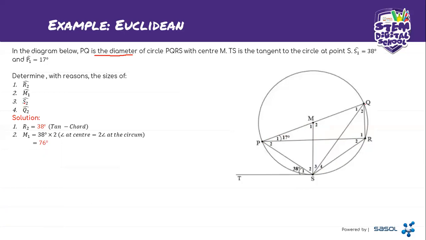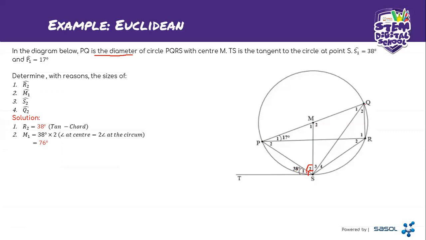And then number 3, we have angle S2. Let's go and look for angle S2. Yes, it is this one, angle S2. You should remember the relationship between the radius and the tangent there, right? They are perpendicular to each other, and where they meet, they form 90 degrees, and from 90 we have this 38 degrees.